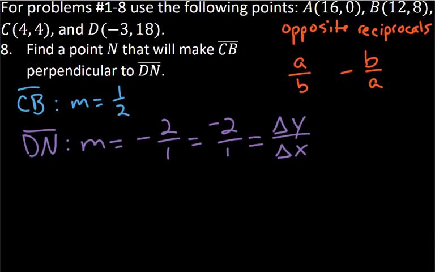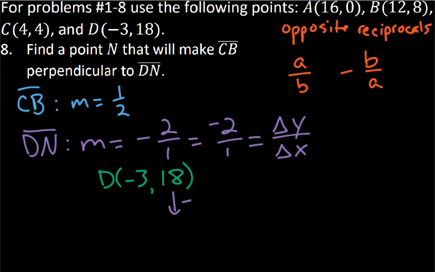Since our point D is the coordinate negative 3, 18, and we know that our delta y is negative 2, that means the y value goes down 2, and our delta x is 1, that means our x value increases by 1.